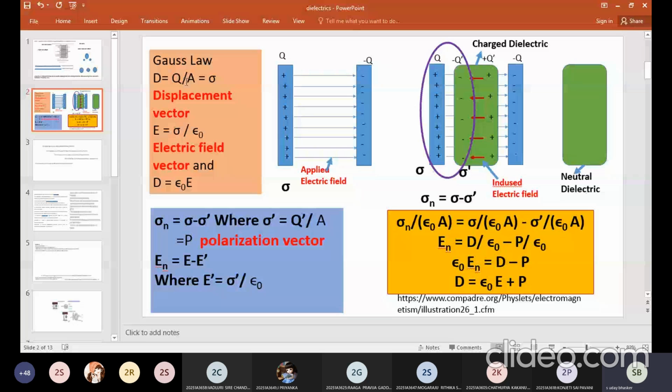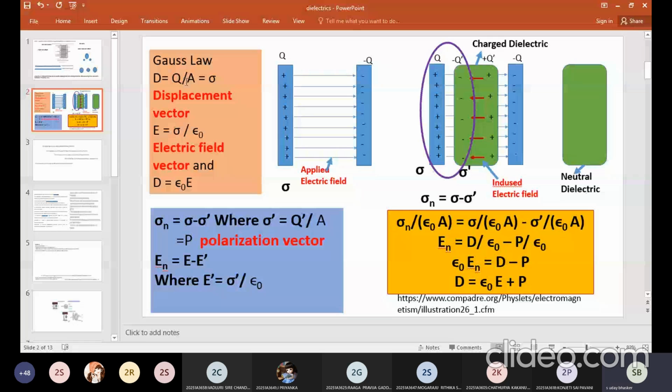From this we have the displacement vector D equal to epsilon naught E. Making use of these two things, and another definition that rho dash is equal to Q dash by A, I call this Q dash by A the polarization vector.